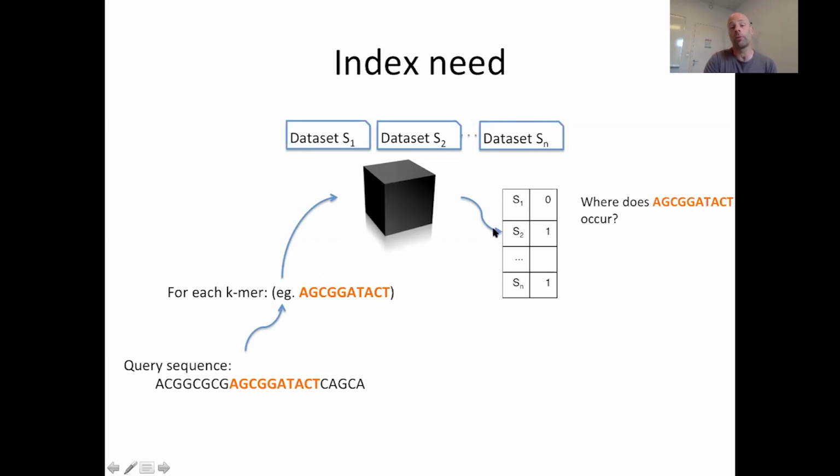This answer must be very fast, so for instance in constant time with very small answer time. And once you have this, the main idea is to look one by one at all the k-mers and to know for each of those k-mers where they occur in all the datasets with this black box.